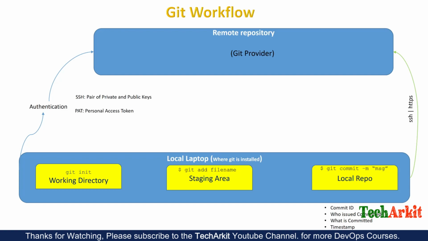Another option is the personal access token. While installing on Windows, I showed the credential manager. That's where you can use this personal access token and store it for temporary access purposes. This access token is very secure. It is only generated one time. If you capture that token, you can integrate it with any of your code applications, for example Visual Studio Code, and integrate it with the credential manager.